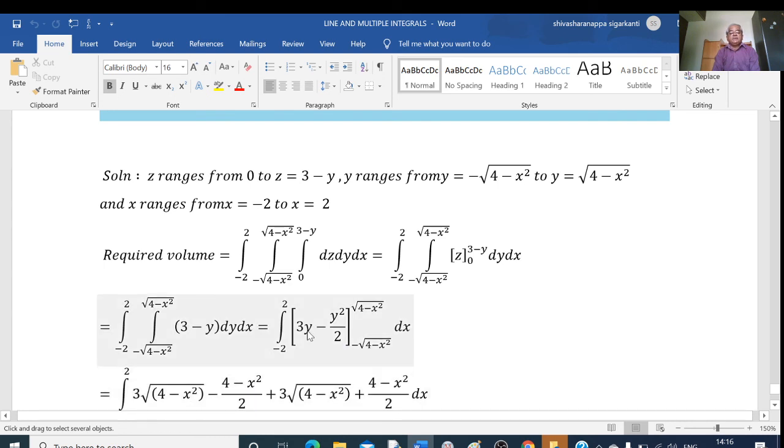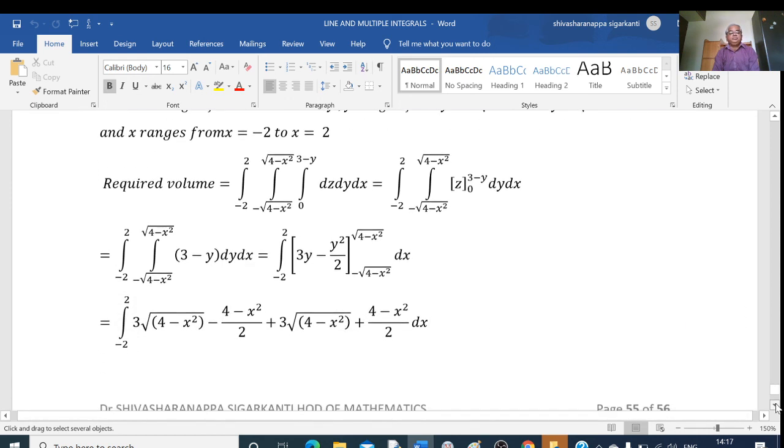At this place, in place of y, if I put minus root of 4 minus x square, minus of minus becomes plus root of 4 minus x square. Next, again minus of minus becomes plus, and if I put y equal to minus root of 4 minus x square, it is nothing but 4 minus x square, that is plus 4 minus x square by 2 into dx.